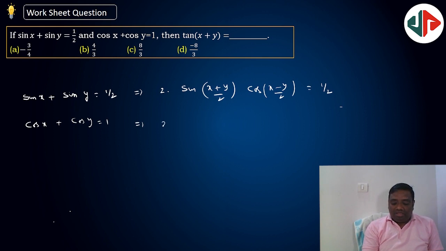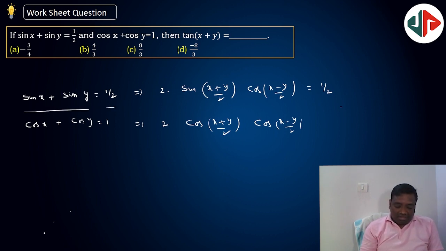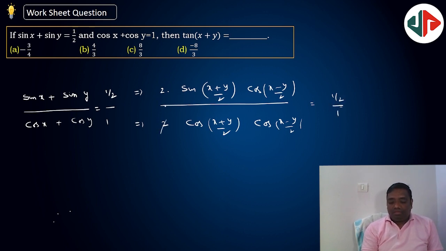Cos C plus cos D means 2 times cos of x plus y by 2 cos of x minus y by 2. If I divide on both sides, this value becomes, in the same manner, 1 by 2 by 1. Both will be cancelled. So tan of x plus y by 2 is equal to 1 by 2.